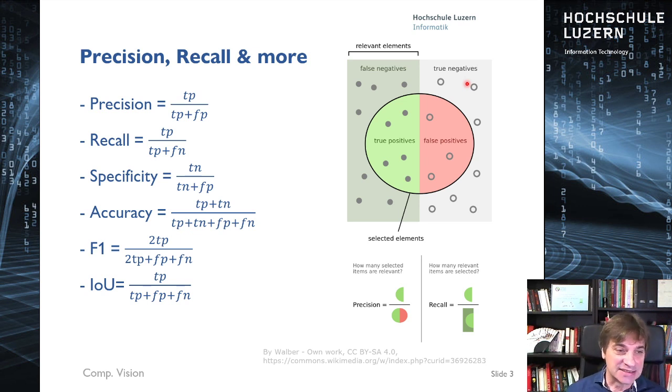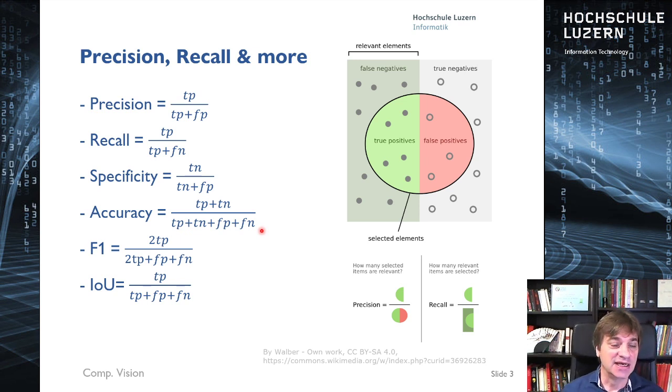Often those values are not used directly as raw values, but you derive additional metrics from them. For example, accuracy is all the objects, or in our case all the pixels, that you predicted correctly: the true positives and negatives over all of them.